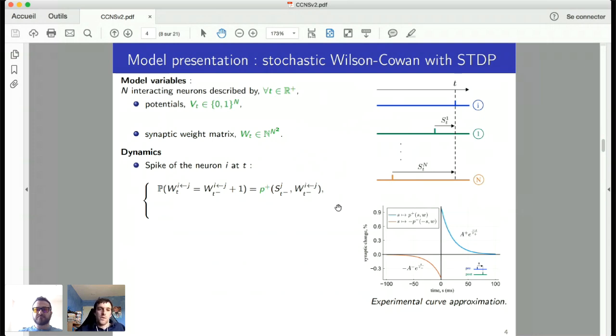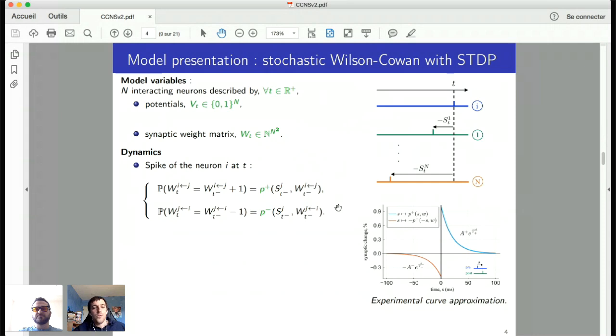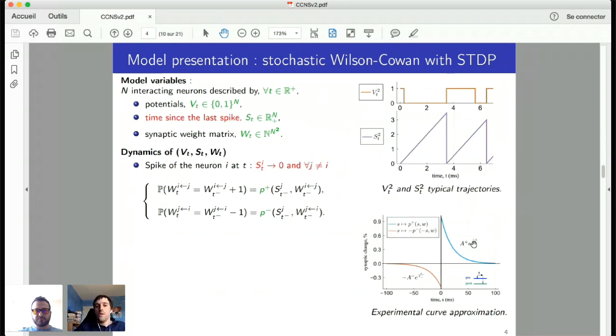And in the other way, the outgoing weight, W_ji, will have a probability to decrease. And these functions p plus and p minus will have an exponential form, such as in the Bi and Poo experiment.